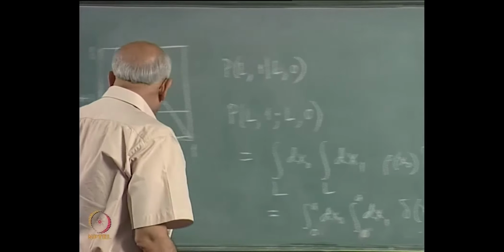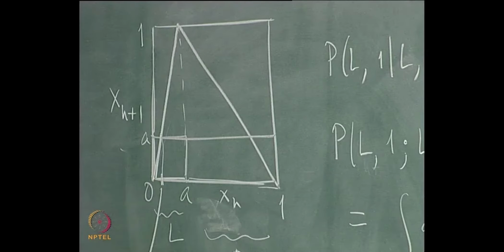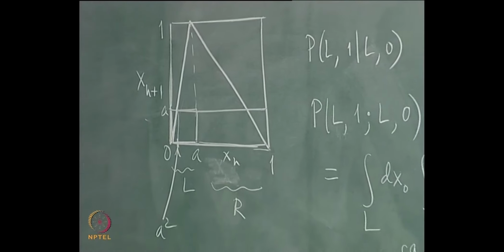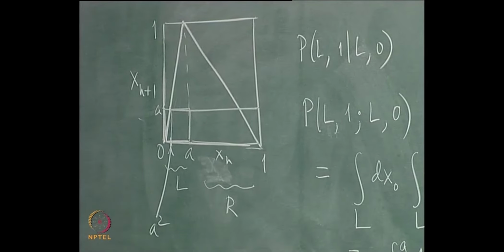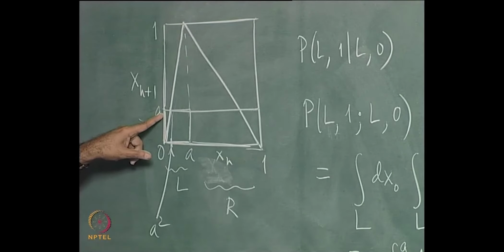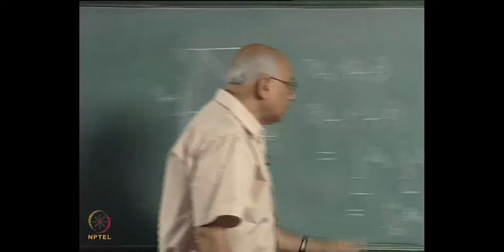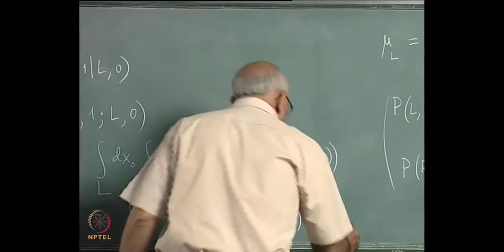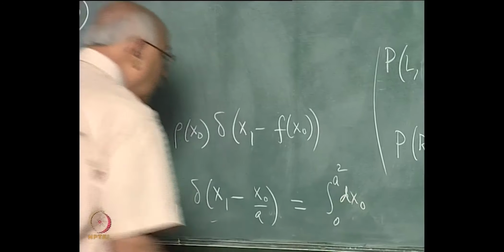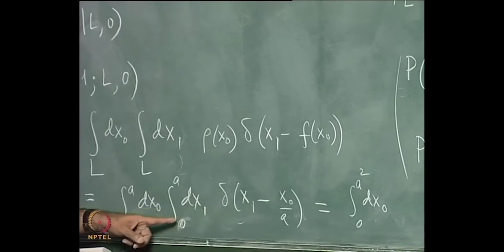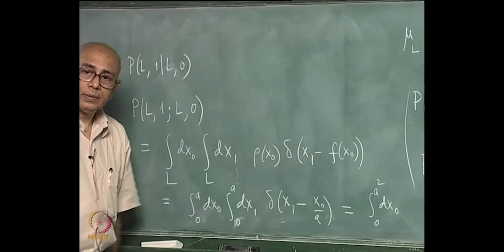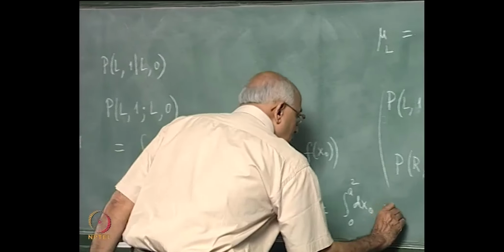And what is this point, this value here? It is a squared, because a squared over a will give you this value a. So this integral becomes equal to the integral from 0 to a squared of dx0, and now the delta function has become 1, because the x1 integral is finished, and the answer is a squared.